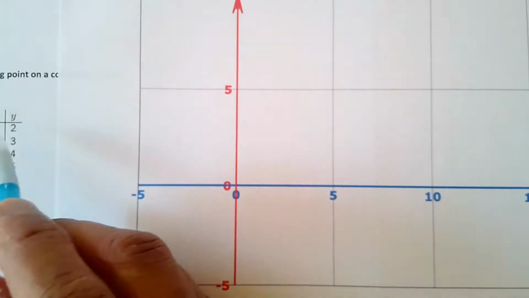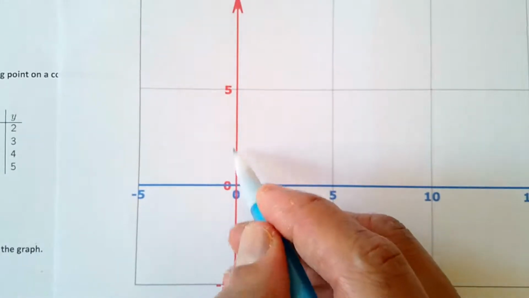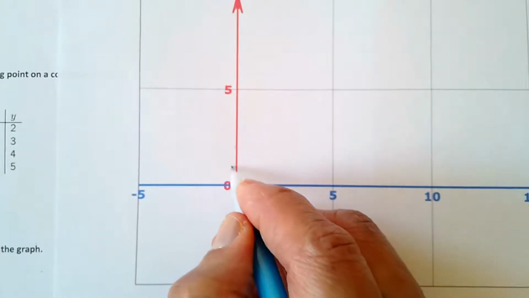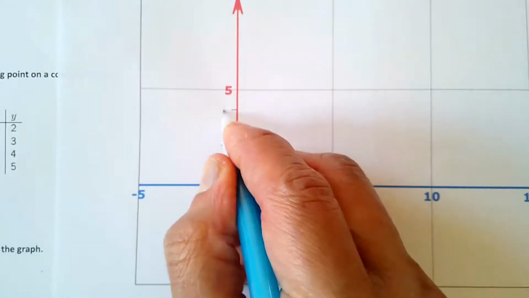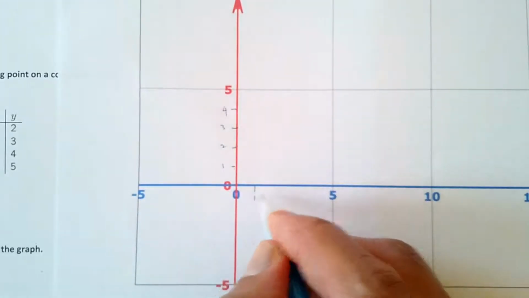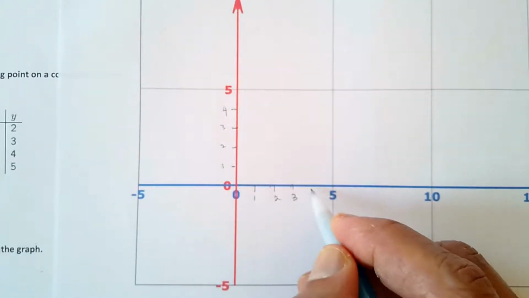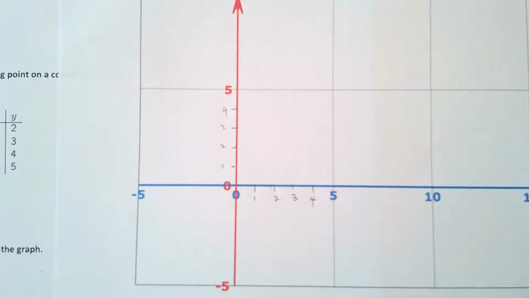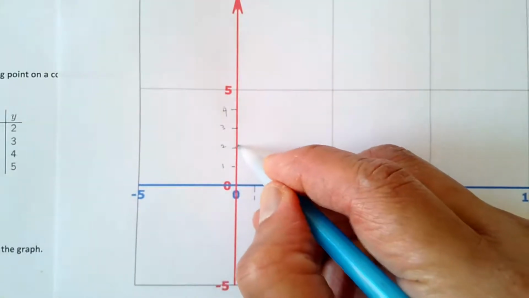Now, let's find our point 0, 2. So here we have 1, 2, 3, 4, 5. So this is 1, 2. Here you have 1, 2, 3, 4. So the first point is 0, 2, which is right here.